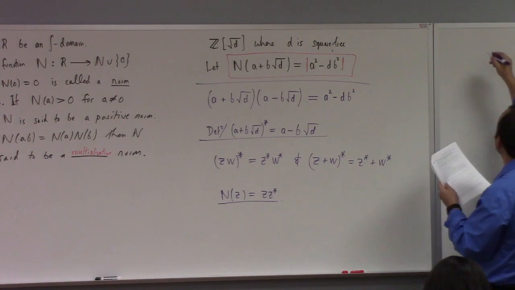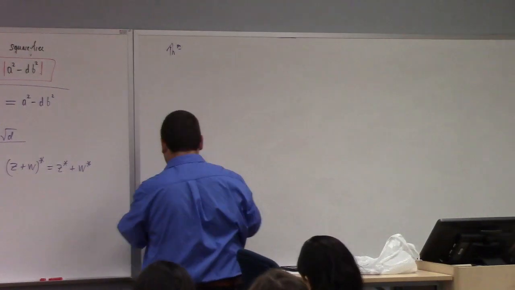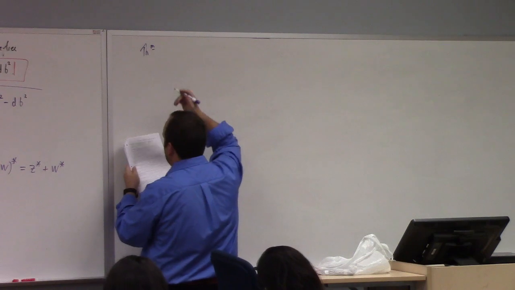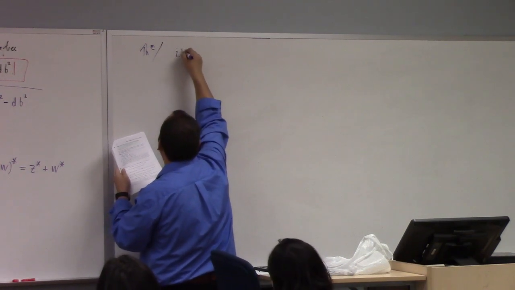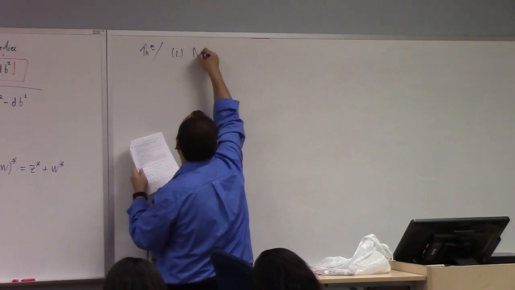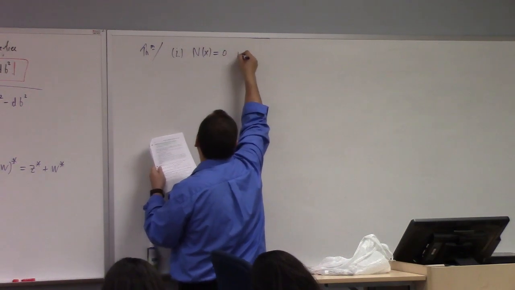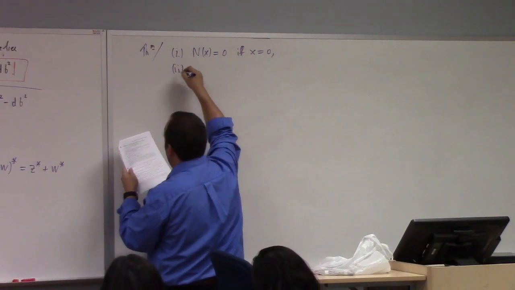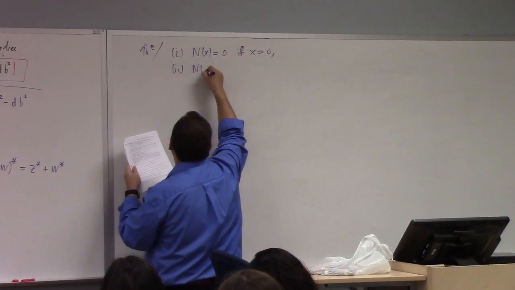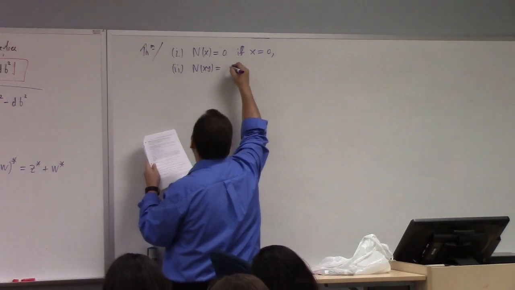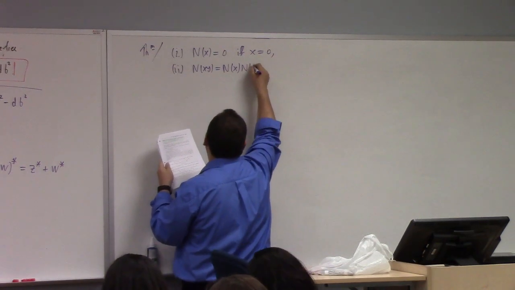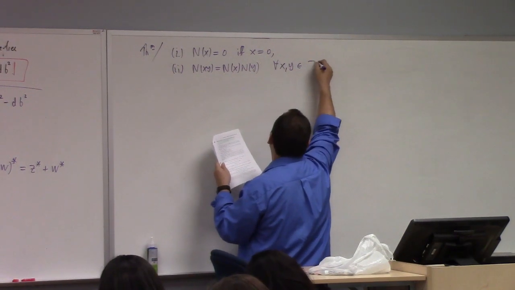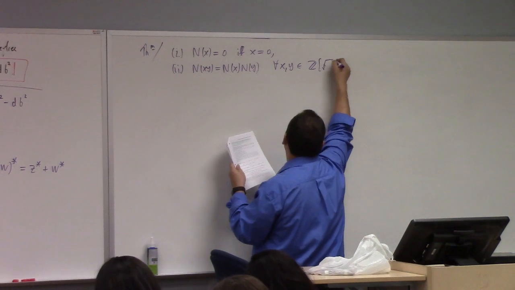All right, theorem. Properties of this norm. One, we have that the norm of x is equal to 0 if and only if x equals 0. Two, we have that the norm of xy is equal to the norm of x times the norm of y, for all x, y in Z adjoin square root of d.